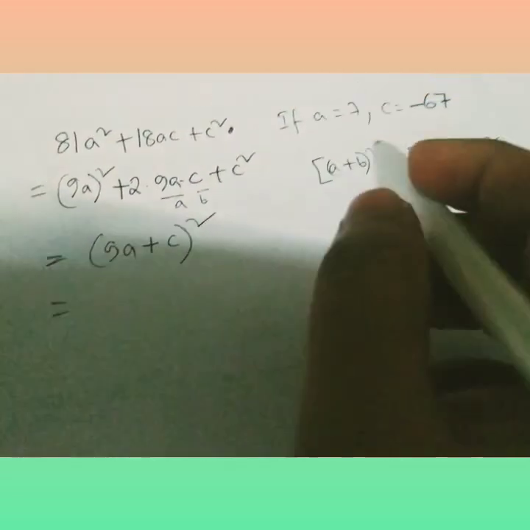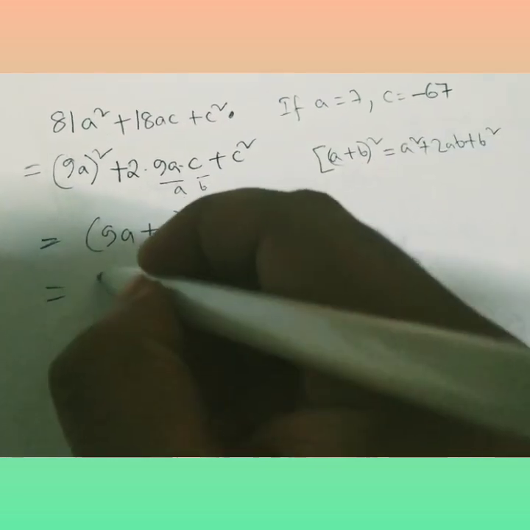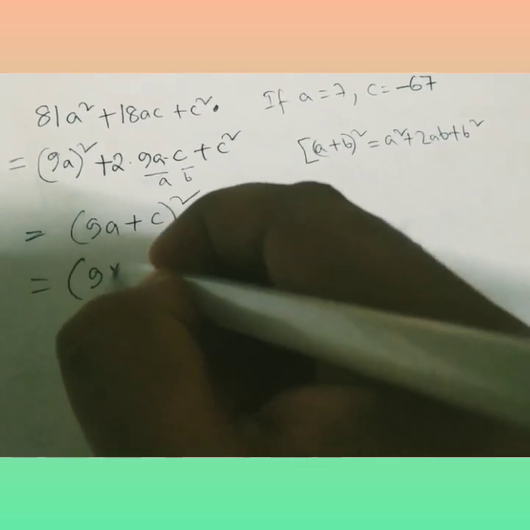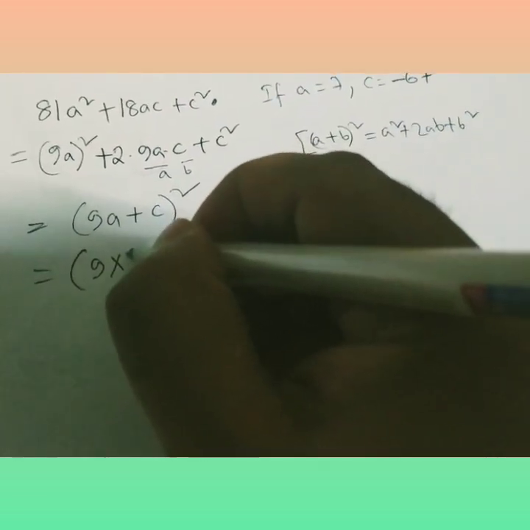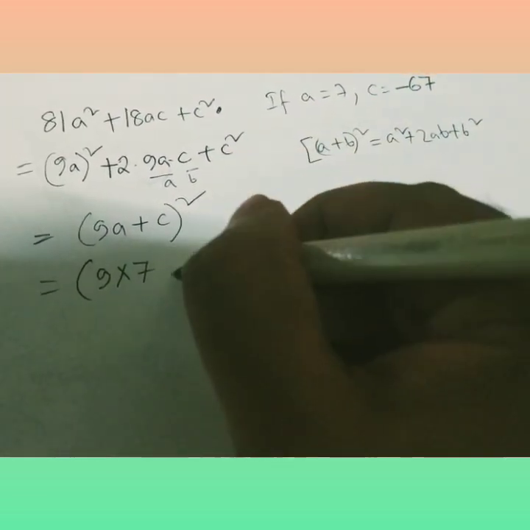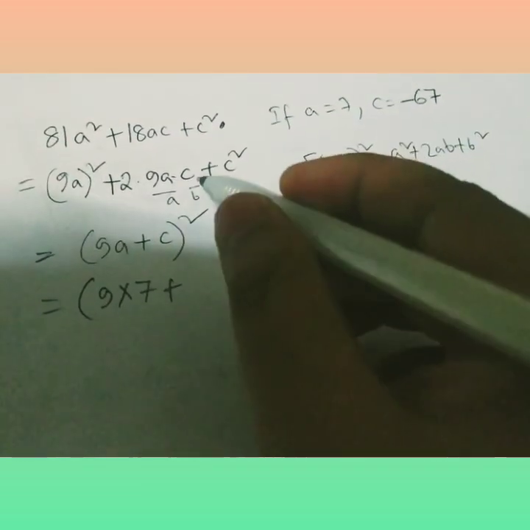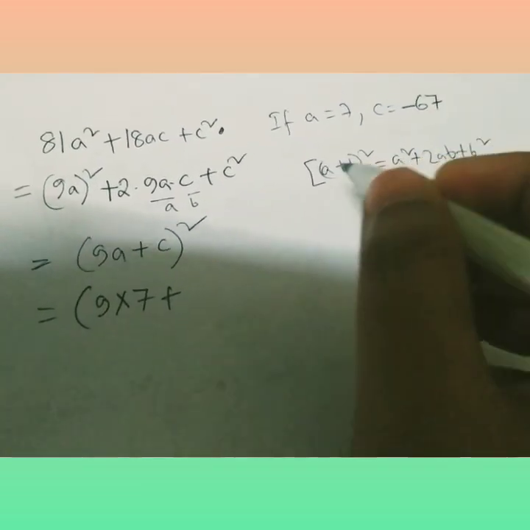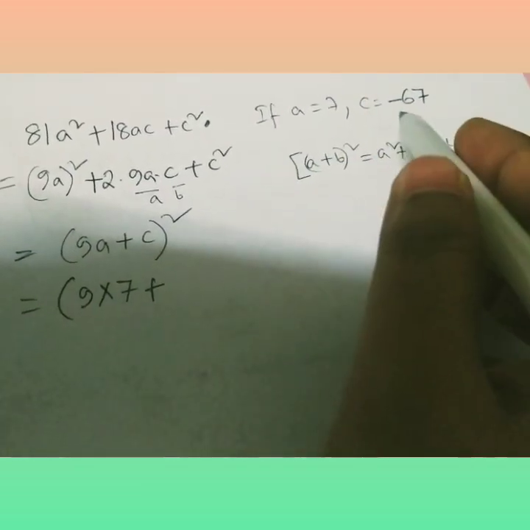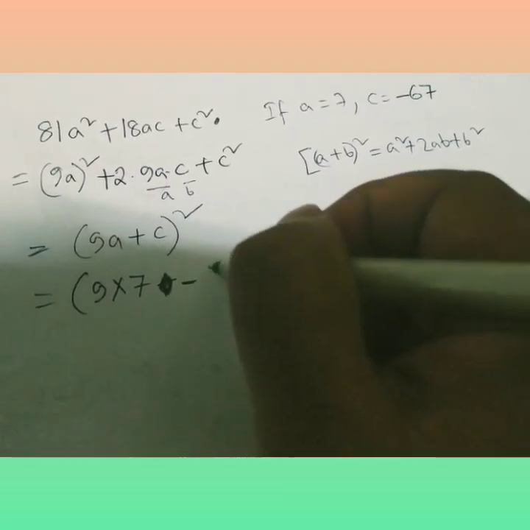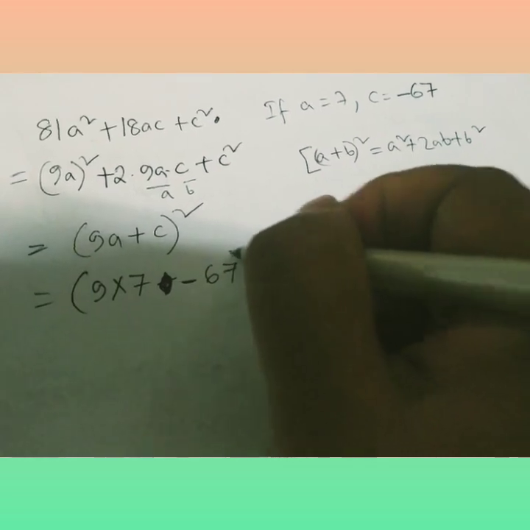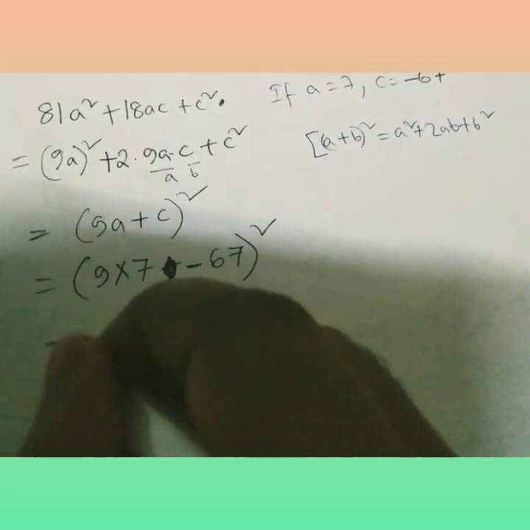So 9 into a, we can write 9 into a is what? It's already given. A is what? 7. Then plus c. C is what? Minus 67. So we know plus into minus is minus. So instead of writing plus, we can directly write minus 67 then whole square.